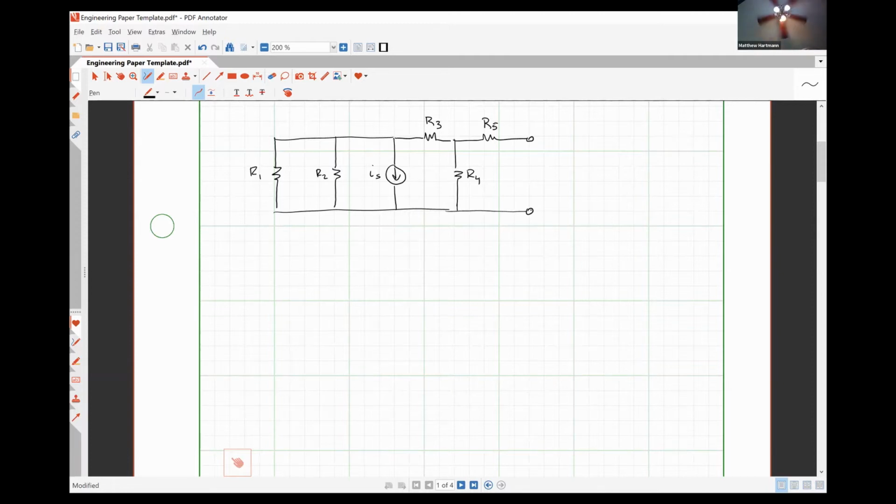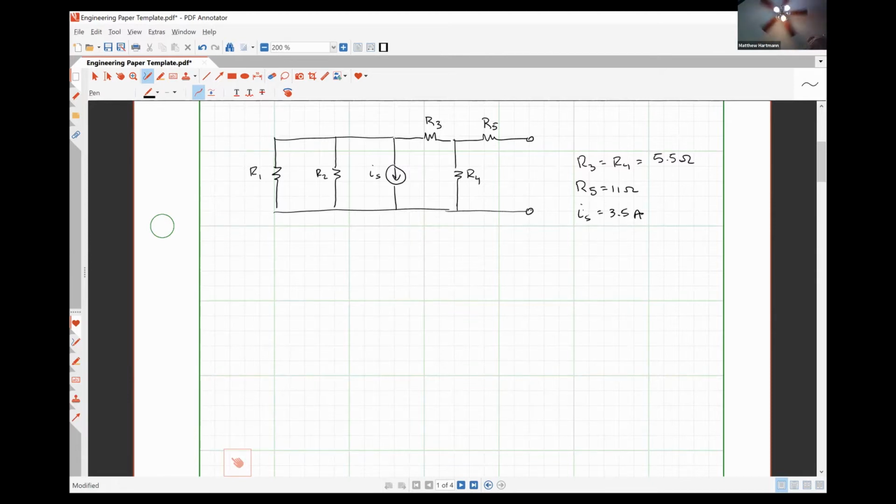R3 and R4 are 5.5 ohms. And R5 is an 11 ohm resistor. And finally, IS is a 3.5 amp source.